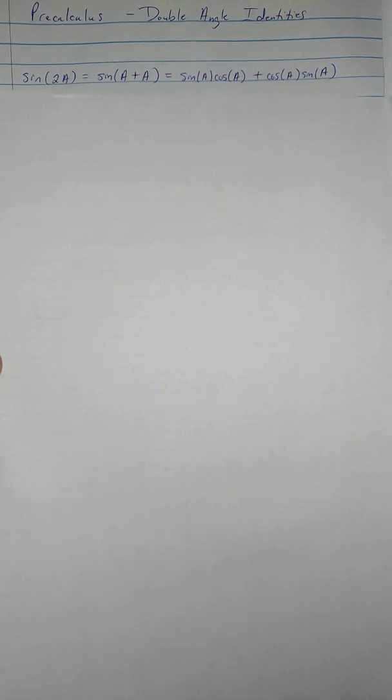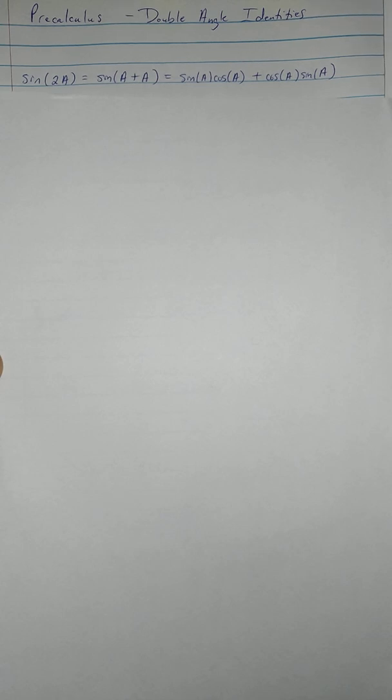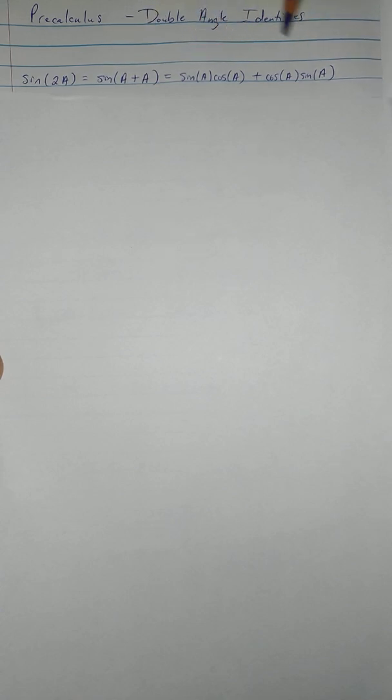So sine of 2a, I'm going to first use the sum identity, rewrite 2a as a plus a. Then we're going to use the sine song: sine, cosine, cosine, sine. Sine keeps the sign the same.